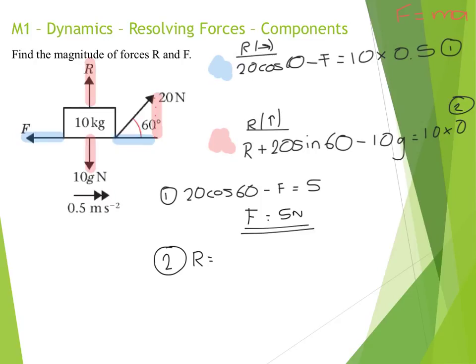R is equal to, if I move terms across, 10 times 0 is 0, so I've got 10g minus 20 sin 60. We can remember that g is 9.8, substitute that in, and then we'll get that R is equal to 80.7 newtons, rounded to 3 significant figures.